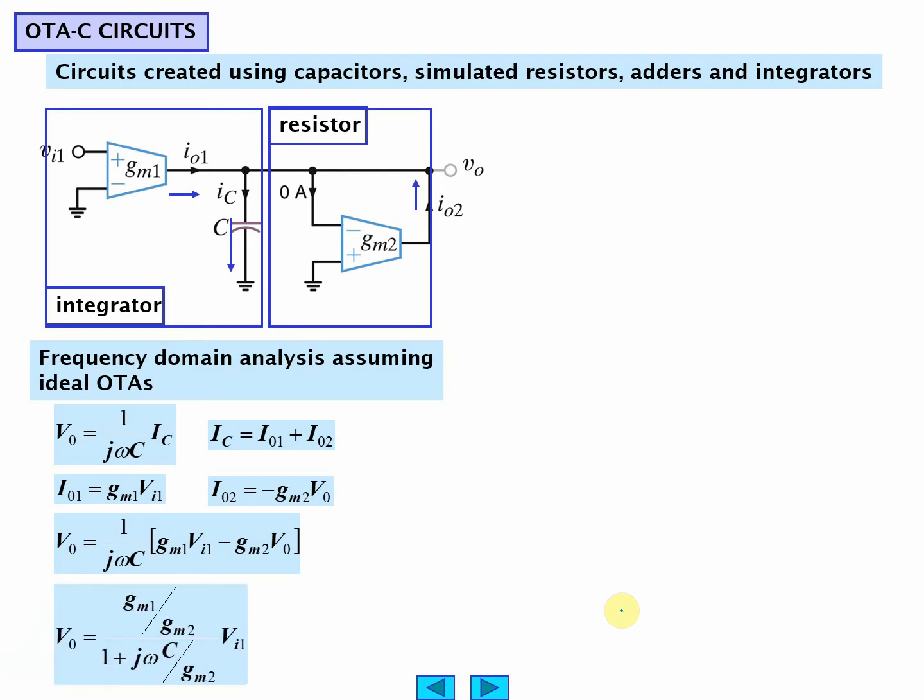Yeah, we got to solve for V out. This guy right here, this is a simulated resistor, 1 over GM2. There it is. There's the 1 over GM2 right here. And this is the initial gain, the first stage gain.